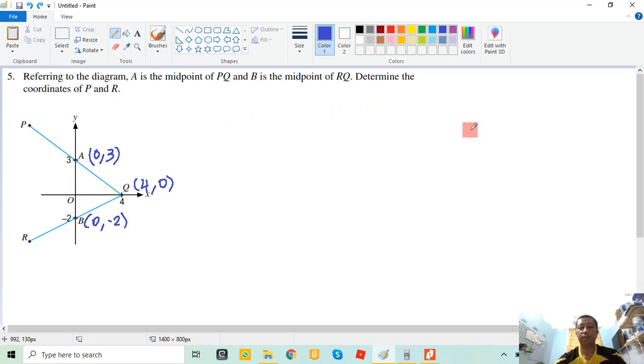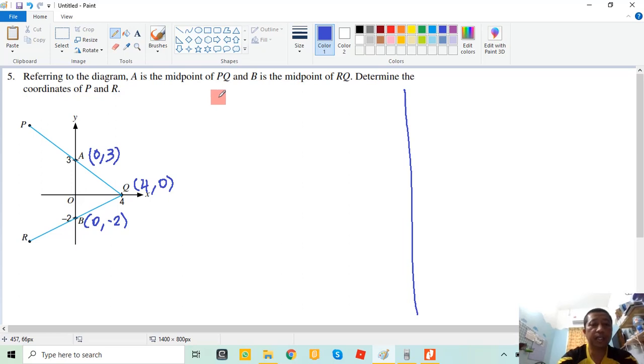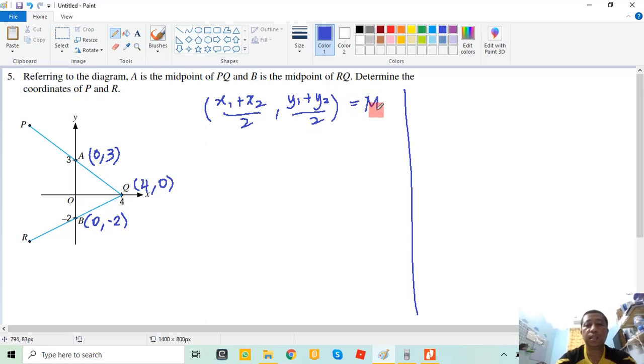Before we start, let me divide into 2 spaces. Instead of writing midpoint equal to the formula, we can also write the formula first: x1 plus x2 divided by 2, y1 plus y2 divided by 2, and this is equal to the midpoint.